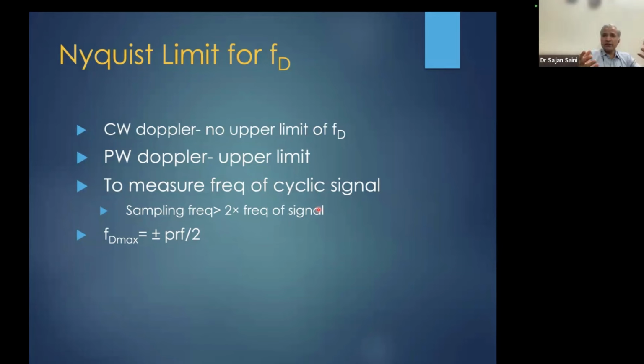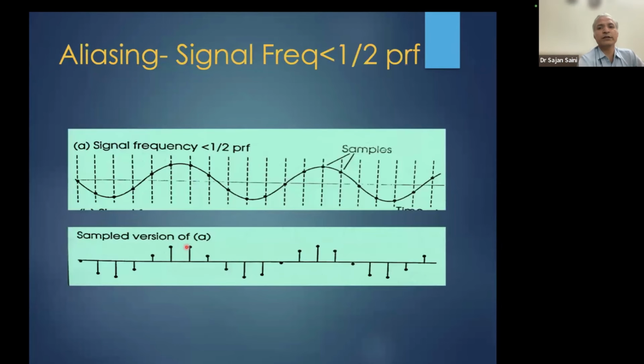If that is not the case, then there will be erroneous measurements. My maximum Doppler shift will be ± half of the pulse repetition frequency, and that is the Nyquist limit. If the frequency of the signal is more than the Nyquist limit, then there will be loss of signal. And why there will be loss of signal, I will discuss in this particular slide.